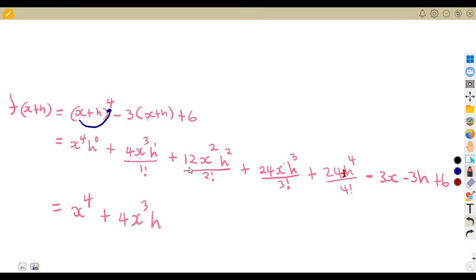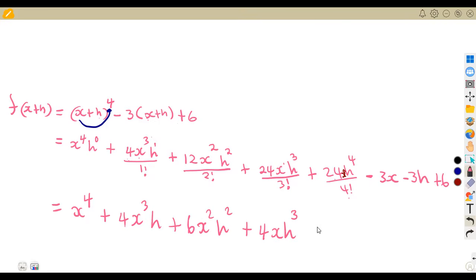All right, if you divide 12 by 2 factorial, it is going to give us a 6, which is 6x squared h squared. 24 divided by 3 factorial, just like what we did, this one was going to give us a 4. So that's 4x h to the exponent of 3.